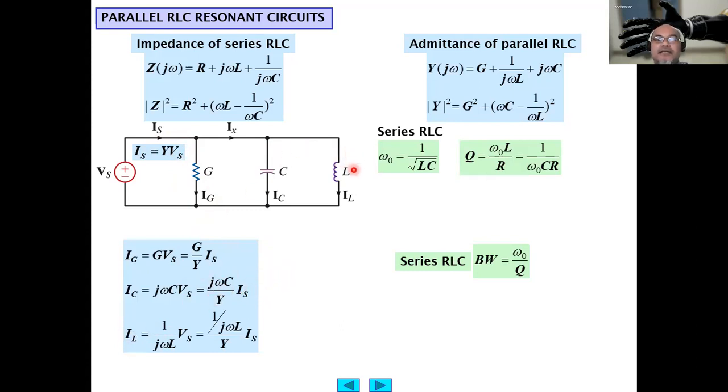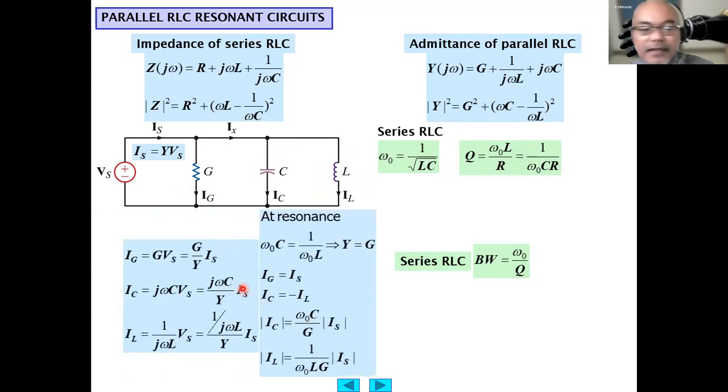The current at the inductance IL equals VS divided by the impedance jωL, which equals IS divided by Y times 1 over jωL.